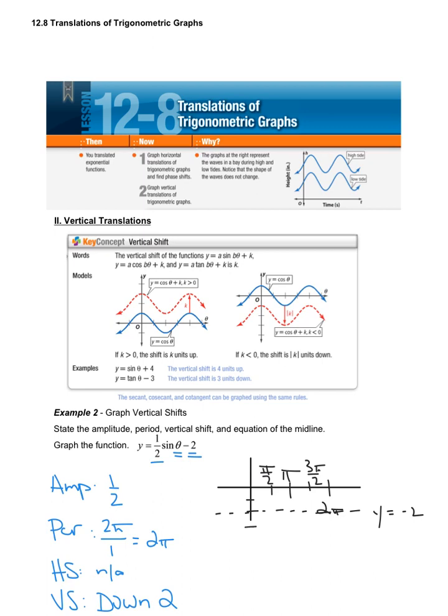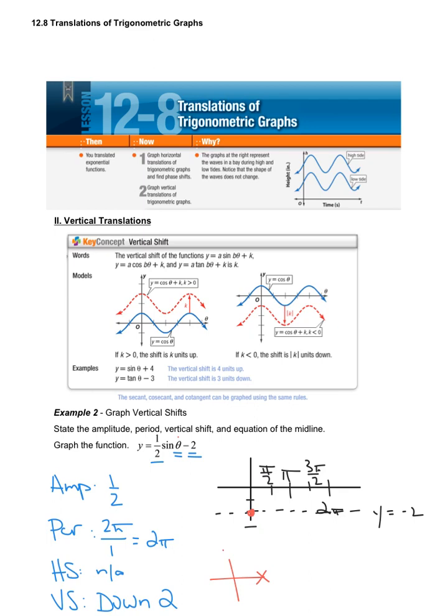All right. Then we can just start plugging in values. So if I'm starting my graph at 0, plug in a 0 for theta. Sine at 0 is 0. 0 times a half is 0 minus 2. So there we go. Sine graph is at 0, negative 2.